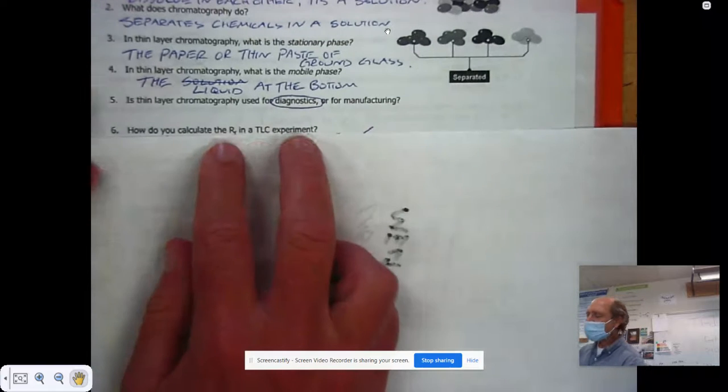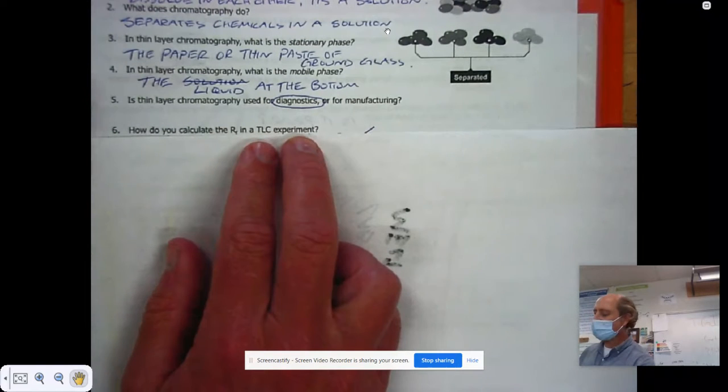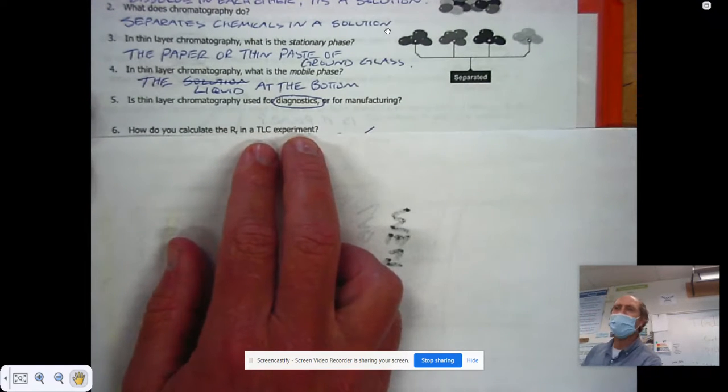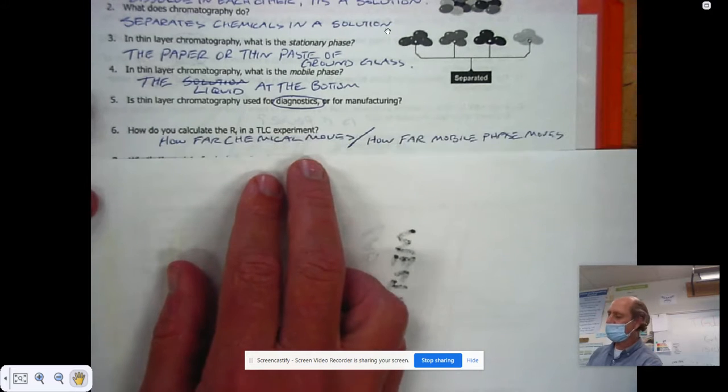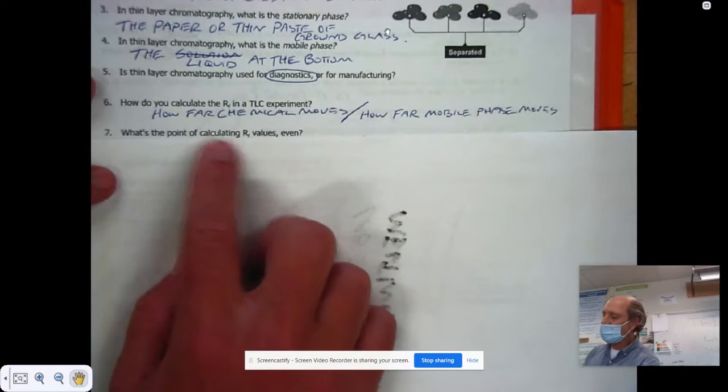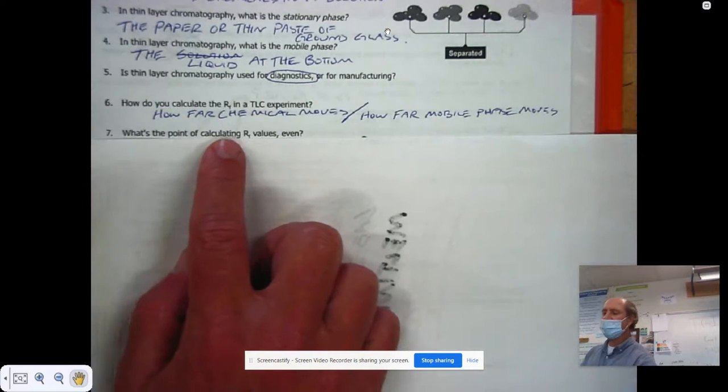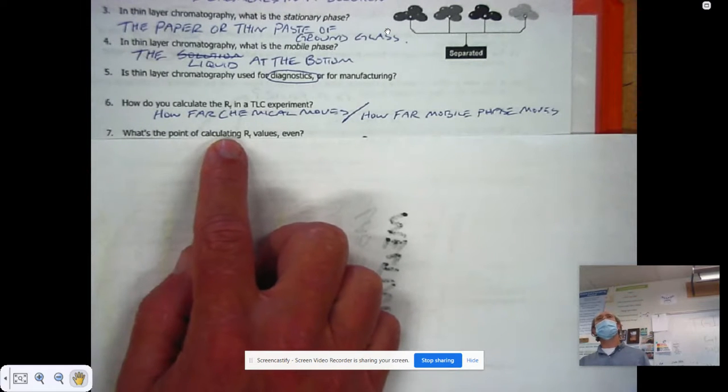For RF value in a TLC experiment, you divide how far each chemical moved by how far the mobile phase moved. And the reason you do that is so that you can identify things in a mixture.